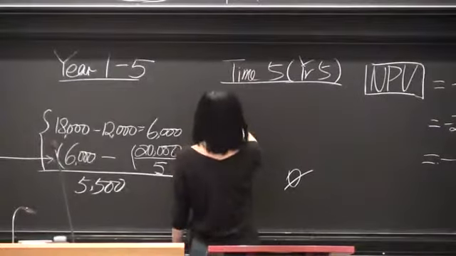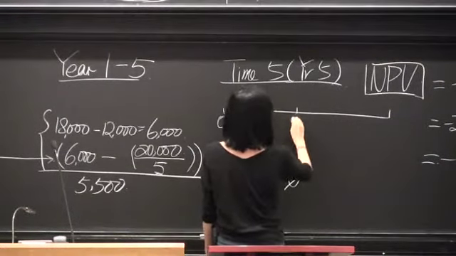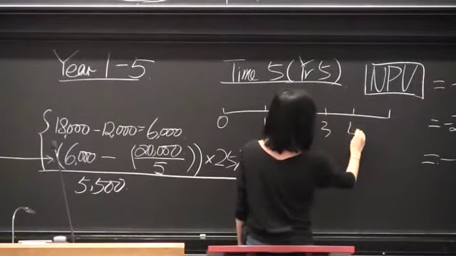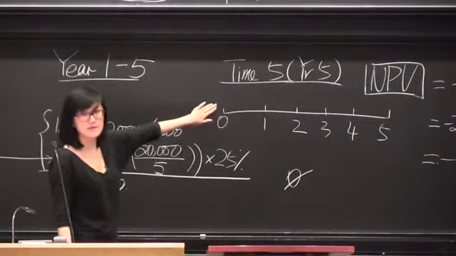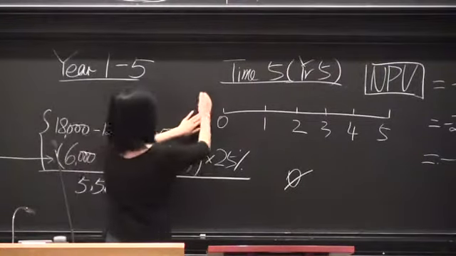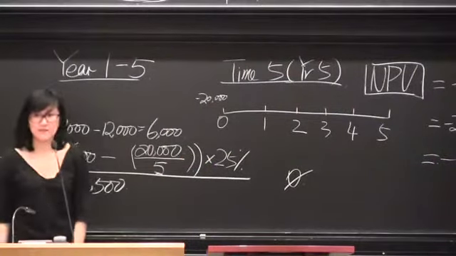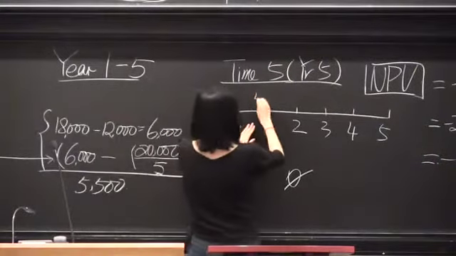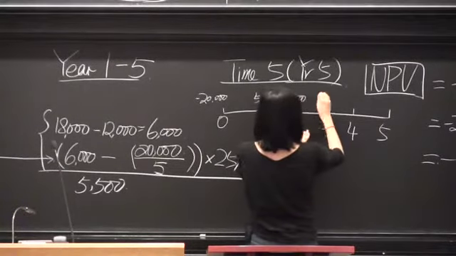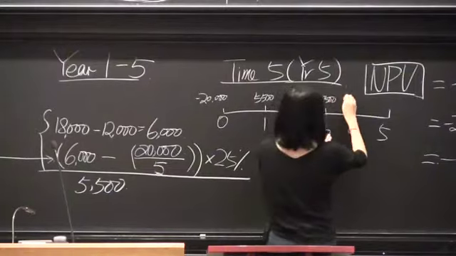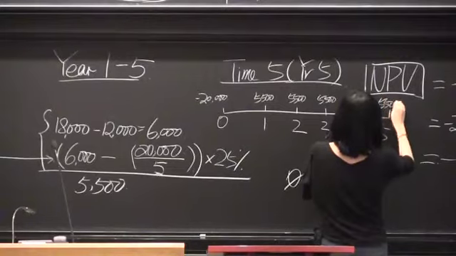It's basically saying, draw a timeline. Clearly my timeline is not that great. You're purchasing a product at this time, year 0, which costs you negative 20,000. But in the future, you'll be getting 5,500 every year as your incremental cash flow from operating cash flow resulting from this investment.